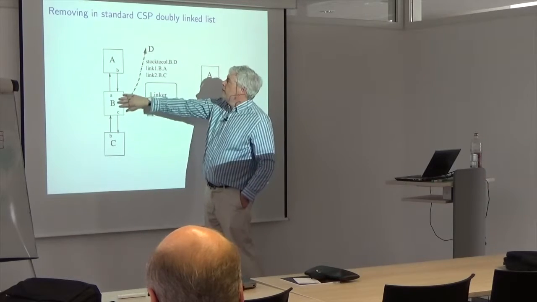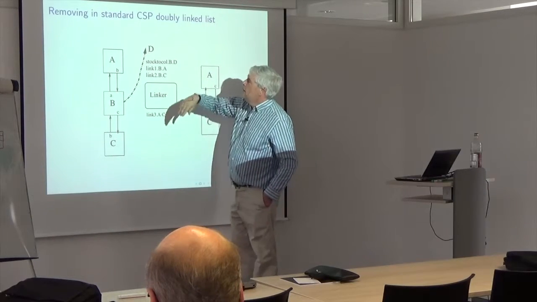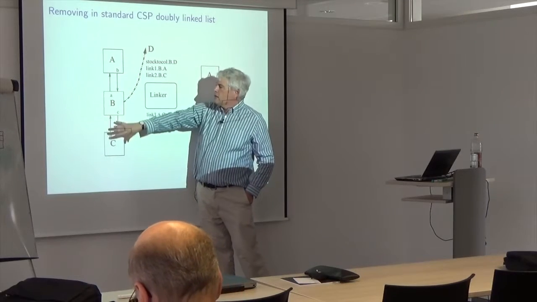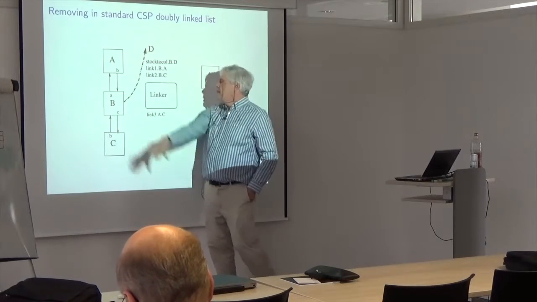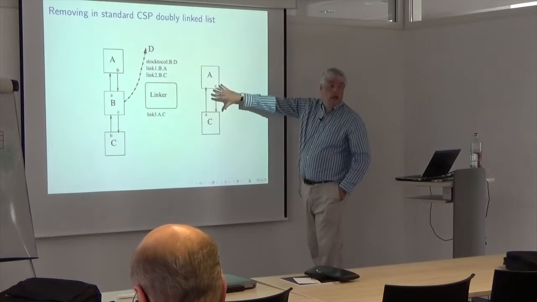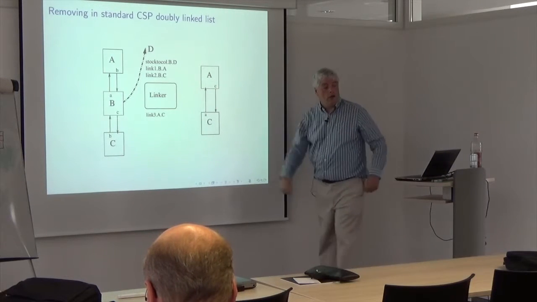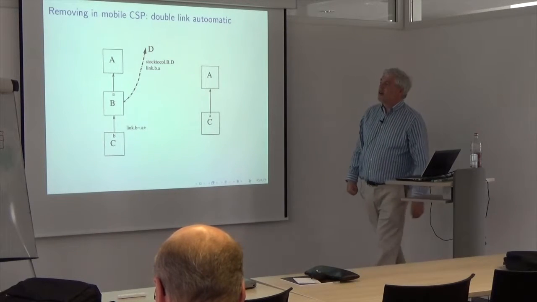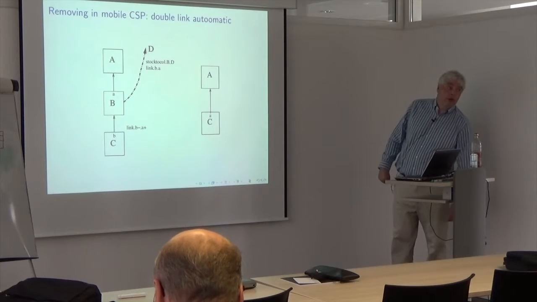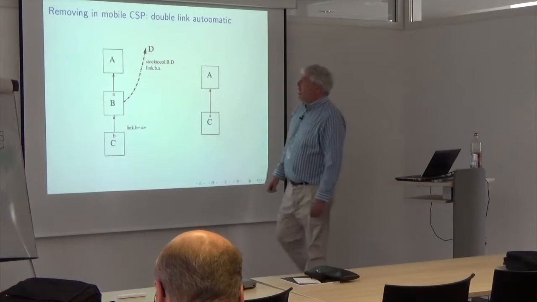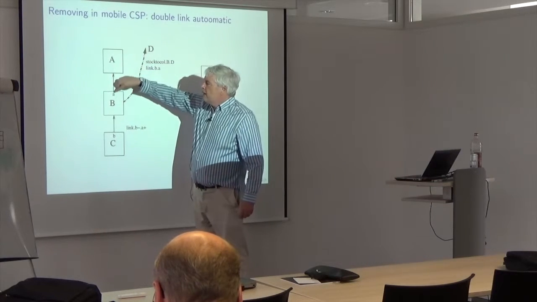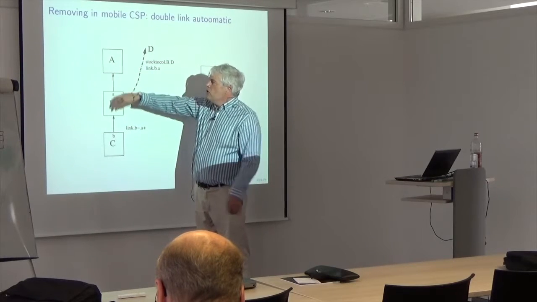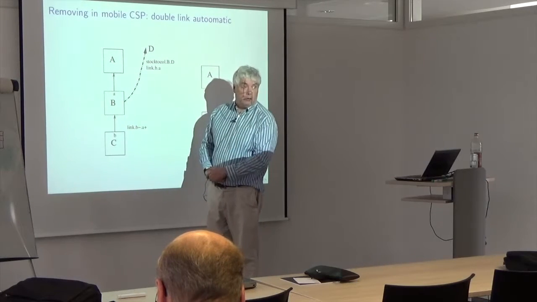When a card moves out to be on top of D here, it takes quite a few interactions to piece together the remaining cards to look like this list here. Whereas you simply don't need as many parameters if you're handling mobile CSP, because A here doesn't need to know who's below it, because it knows it can communicate to B through its own unique linking channel.